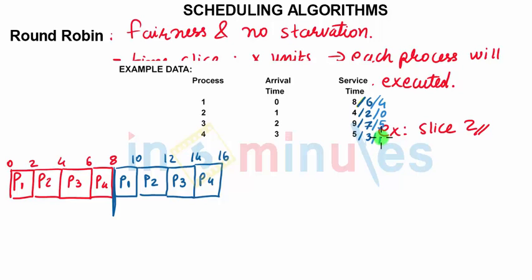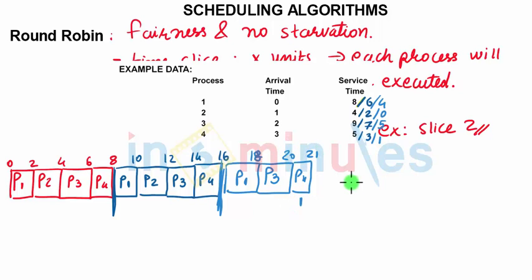So in that cycle again, P1 will run for 2 cycles. Now P2 does not exist, so directly P3 would run, followed by only a single cycle of P4. So if this was 16, this would be 17, 18, followed by 19, 20. Since P4 ran only for 1, it became 21. So here another round gets over.